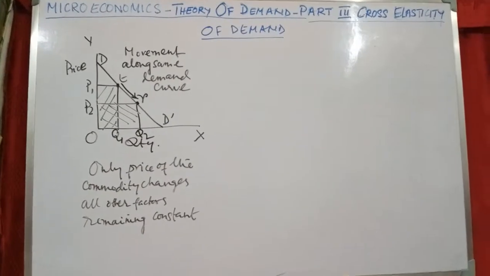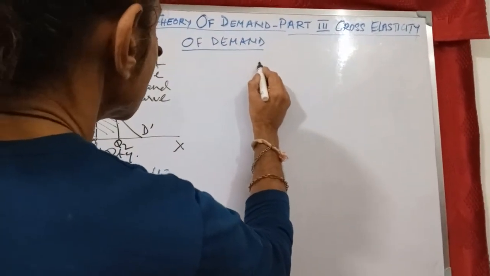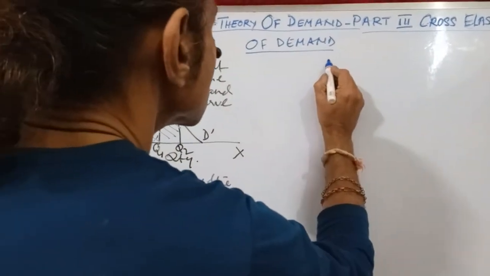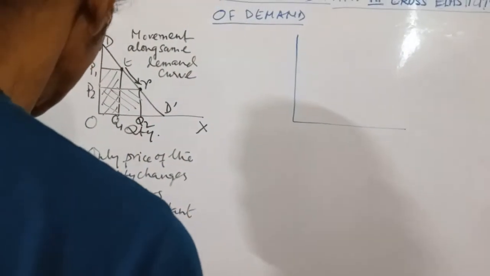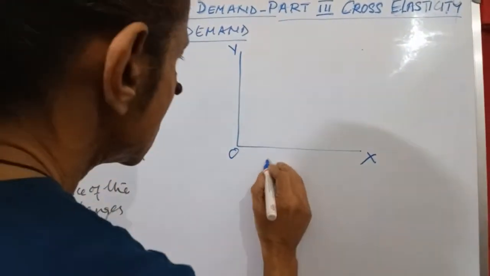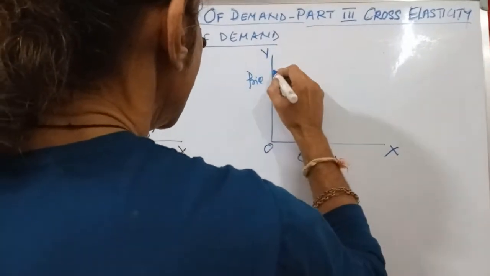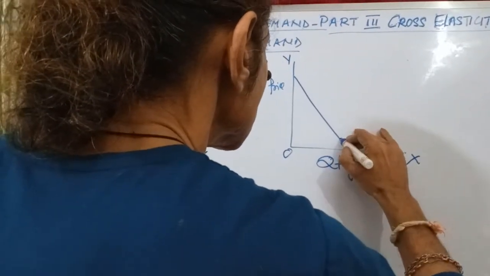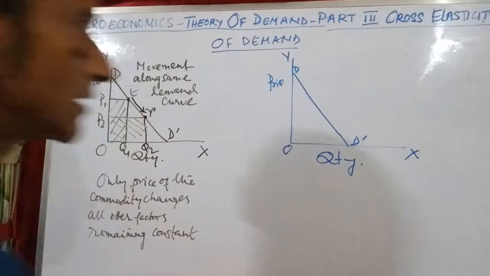Now, let me draw another diagram. On the x-axis we measure quantity and on the y-axis we measure price, and let DD' be the demand curve.